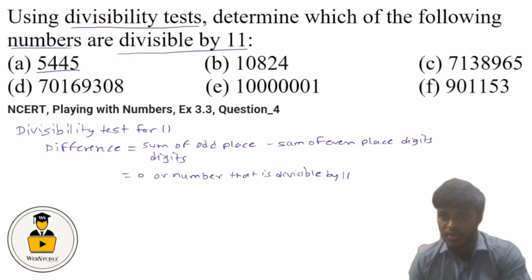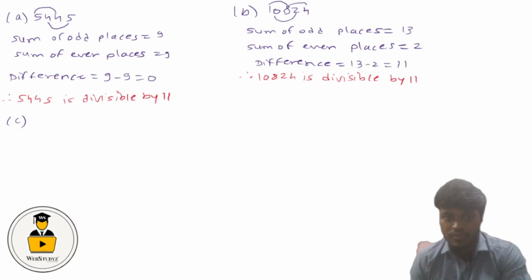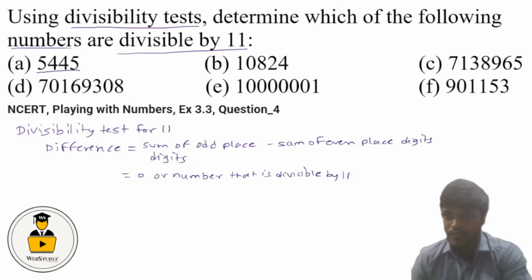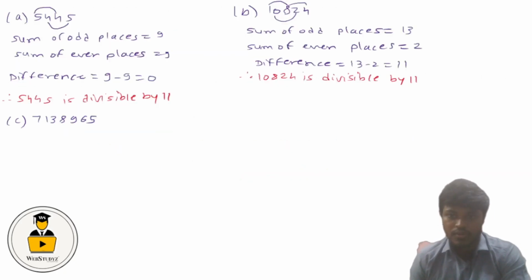Now let us consider the next example. It is 7138965. First we will again find out the sum of odd places. It will be 7 plus 3, which is 10, 10 plus 9 is 19, 19 plus 5 is 24.